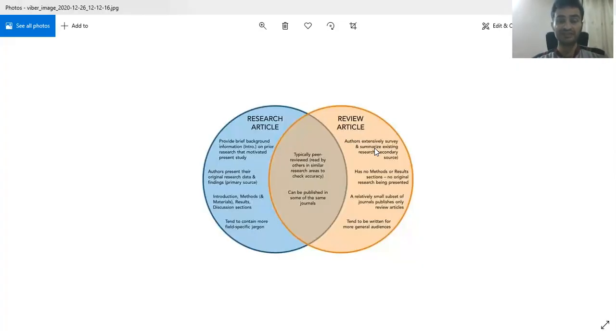However, before we start, we should know what a review article is. What is the difference between a review article, or review paper, and a research article?